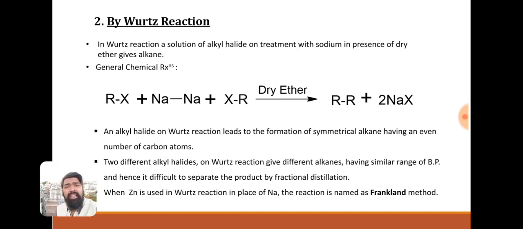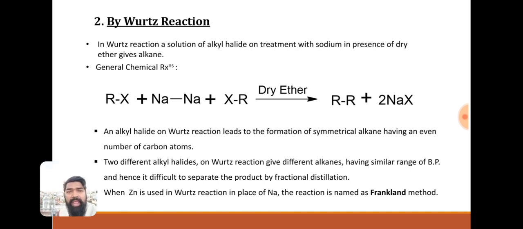An alkyl halide on Wurtz reaction leads to the formation of a symmetrical alkane having an even number of carbon atoms. Very important. Two different alkyl halides on Wurtz reaction give different alkanes having a similar range of boiling points, and hence it is very difficult to separate the products by fractional distillation.